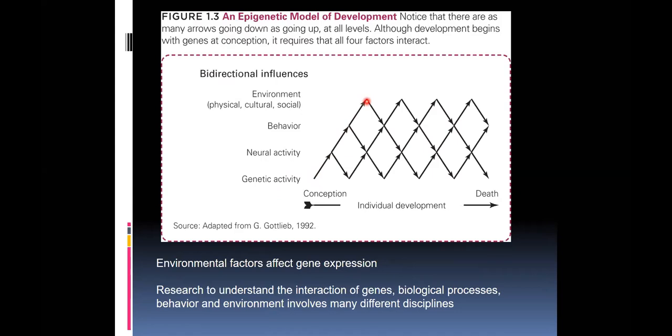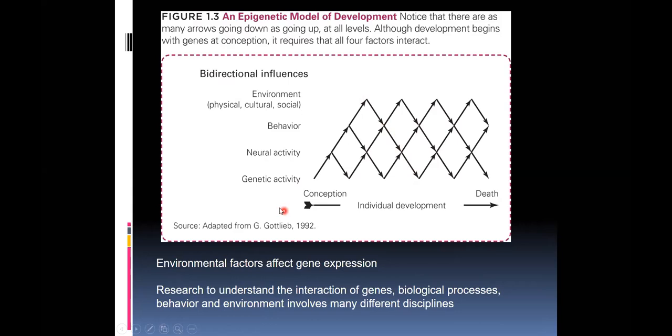Now, this can go the other direction. A change in our environment might bring about a change in our behavior that also influences how our brain is acting, and that action in our brain might even influence which genes are active at that point in time and which become inactive. Or this can start at any other level.